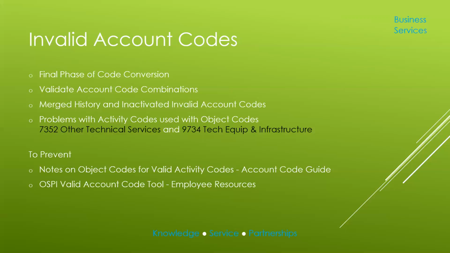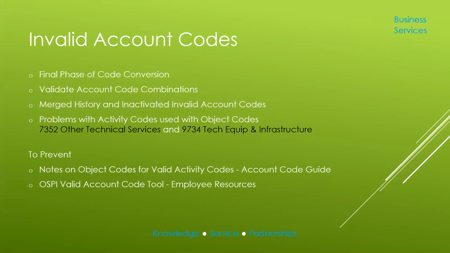There were problems with activity codes used with object codes, primarily object code 7352, other technical services, and object code 9734, technical equipment and infrastructure. Most of the time, we need to use activity 32, instructional technology, with these.